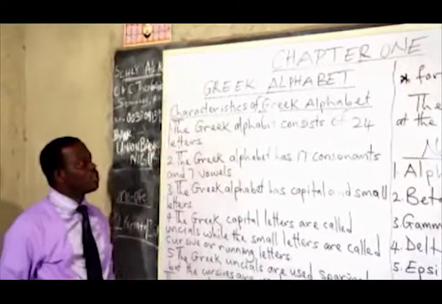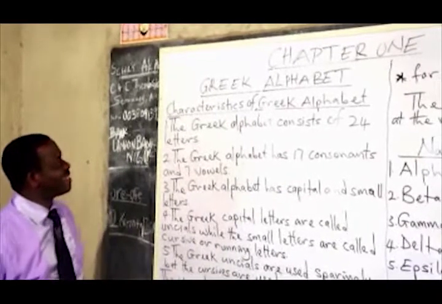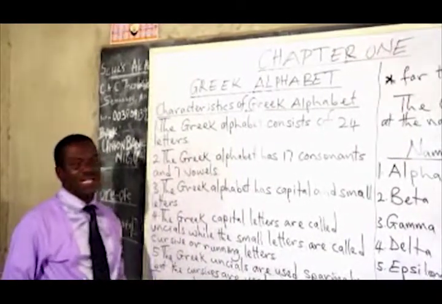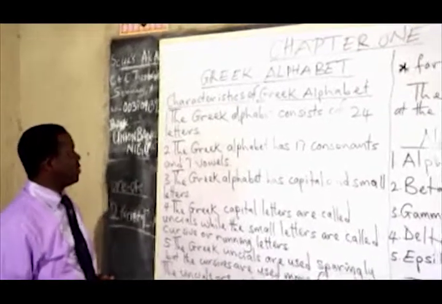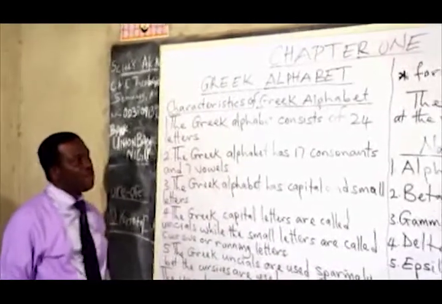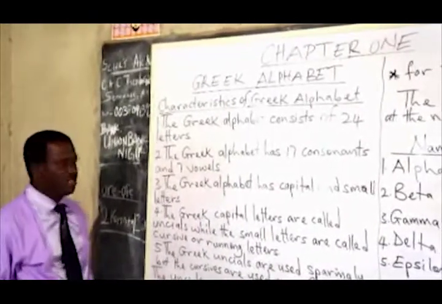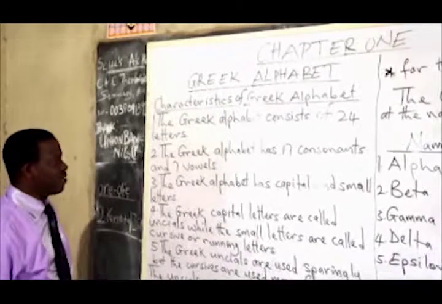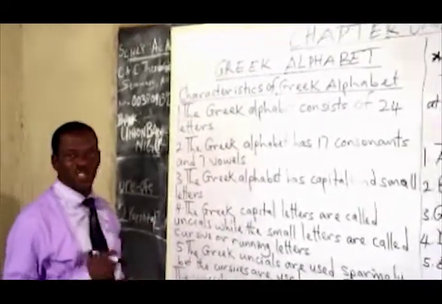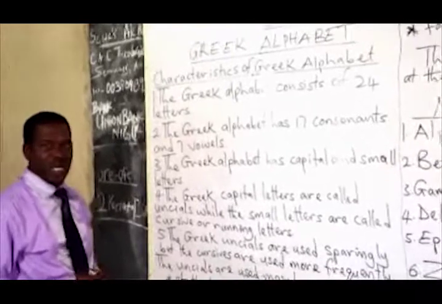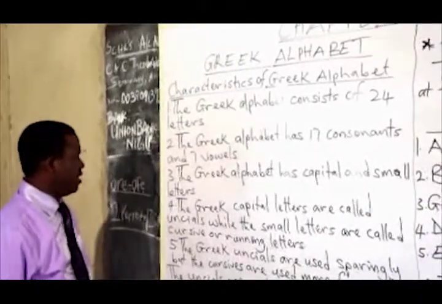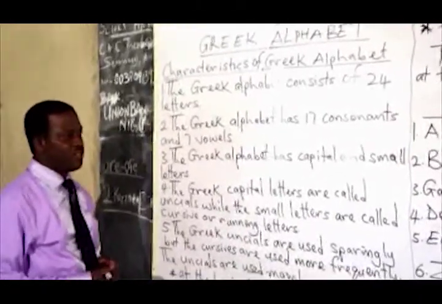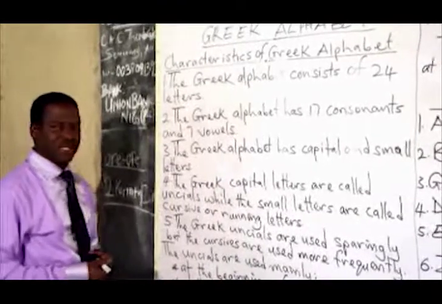The first thing we are going to consider after the Greek alphabet is characteristics of the Greek alphabet. Number 1, the Greek alphabet consists of 24 letters. Number 2, the Greek alphabet has 17 consonants and 7 vowels. Number 3, the Greek alphabet has capital and small letters.